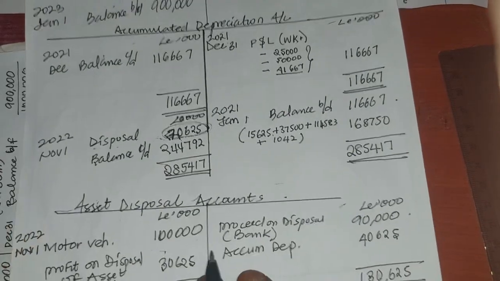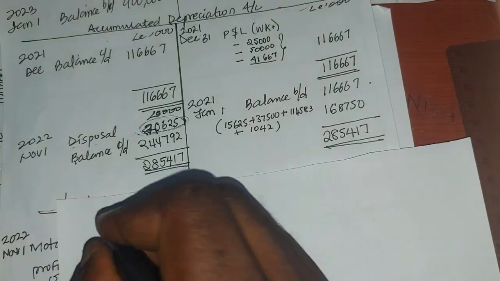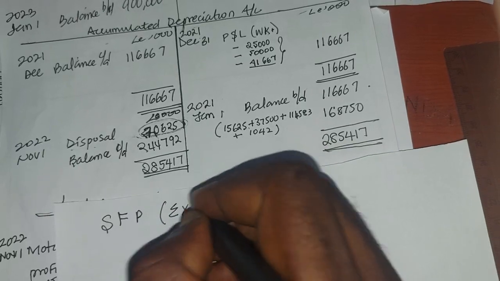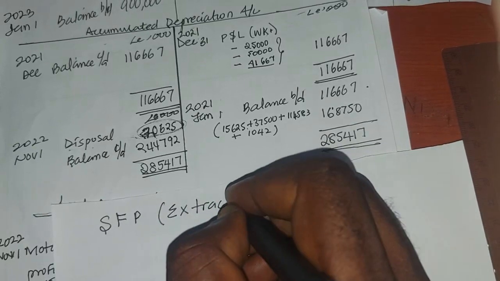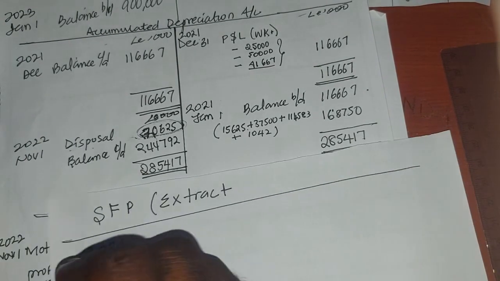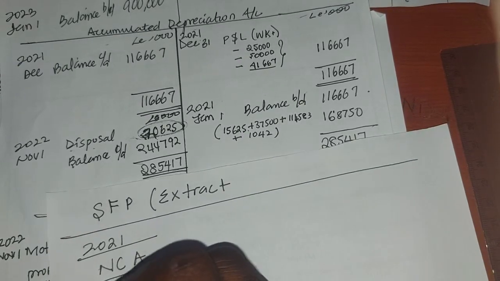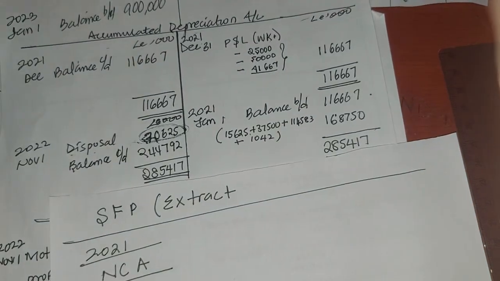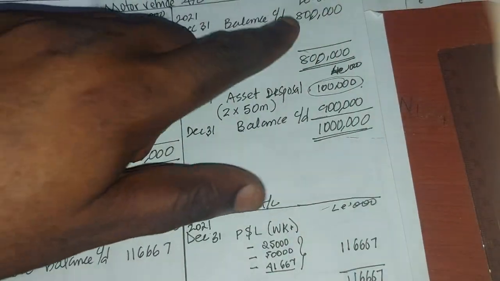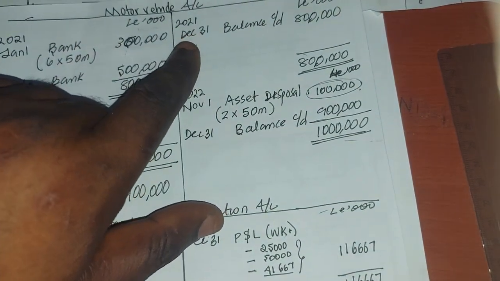All right. Then lastly, you prepare the statement of financial position extracts. So for 2001, under non-current assets, you are going to have your motor vehicle. What was the balance? The balance we had was 800,000 as at December 2001.